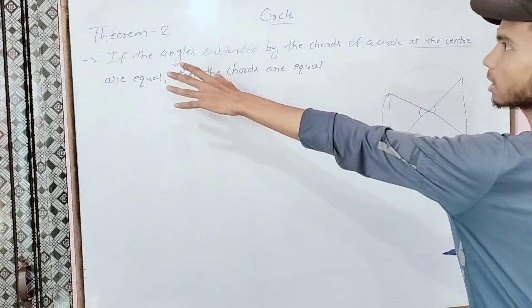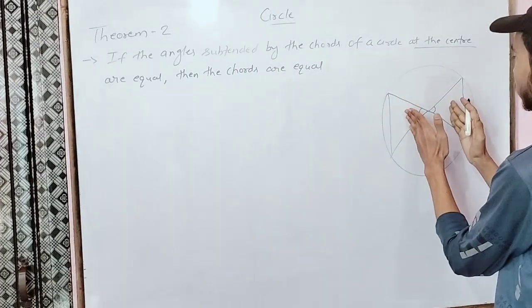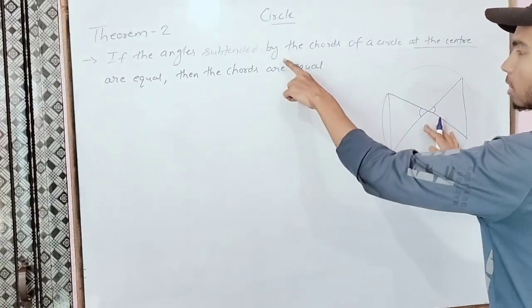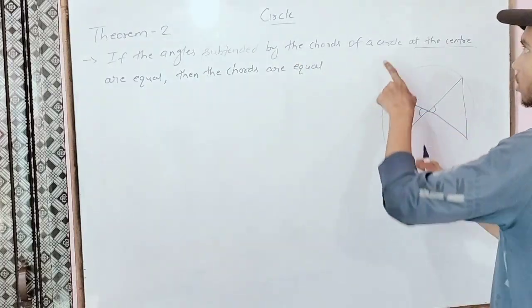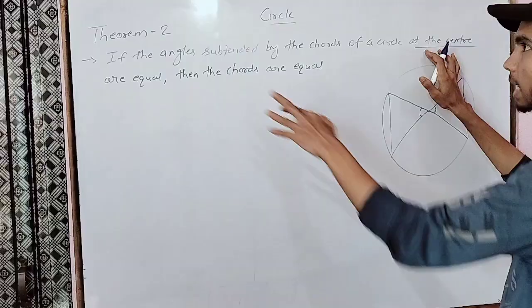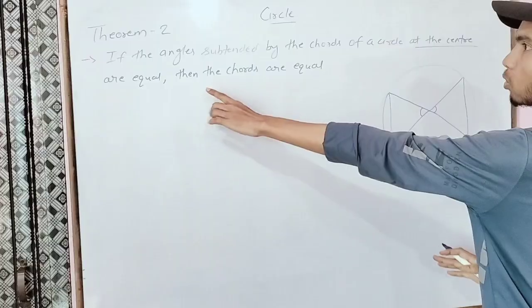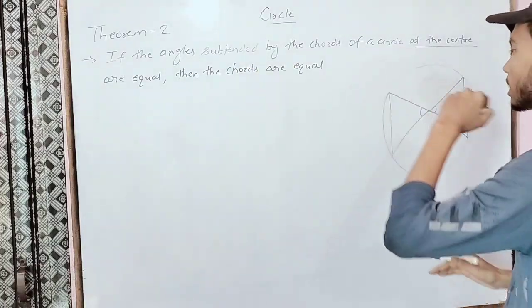Now it is saying that if the angles subtended by the chords of the circle at the center are equal, then the chords are equal.